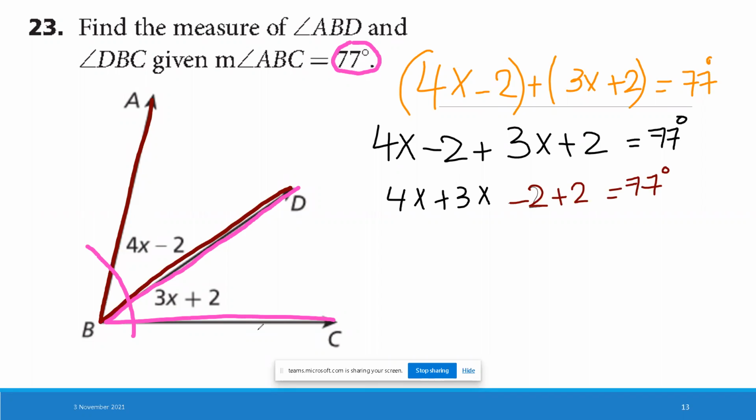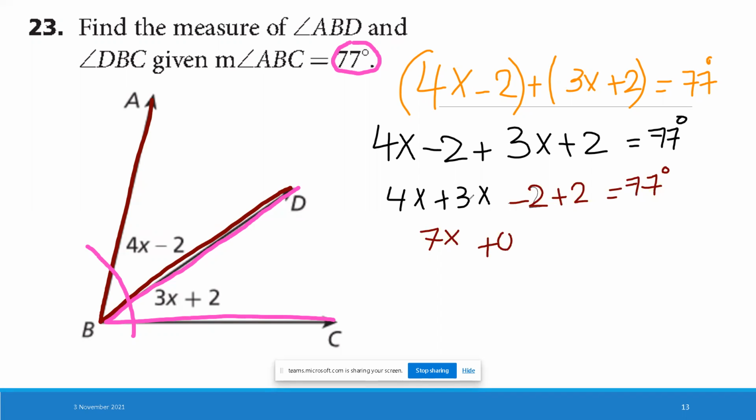Now let's have Tamara continue. 4x plus 3x is 7x. Negative 2 plus 2, it's what? 0.